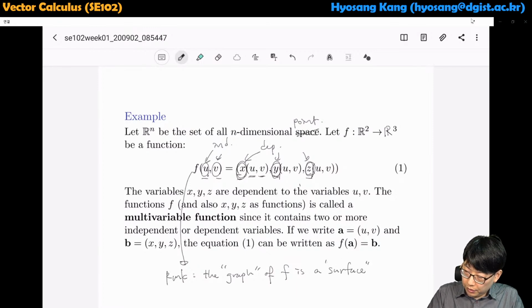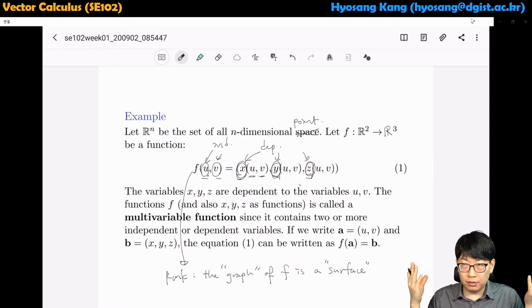I didn't define what the graph of a multivariable function is yet, and I didn't define what a surface is yet, but you can just imagine a surface inside three-dimensional space, like a sphere or cylinder, something like that. So a surface in three-dimensional space. This will be the typical example when we talk about integration and differentiation.